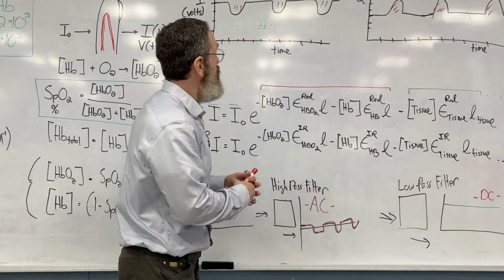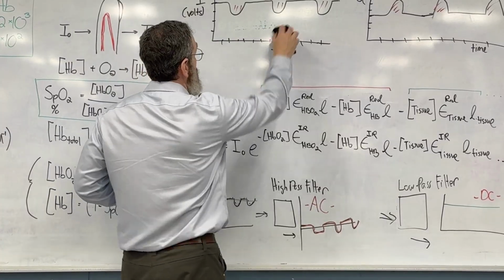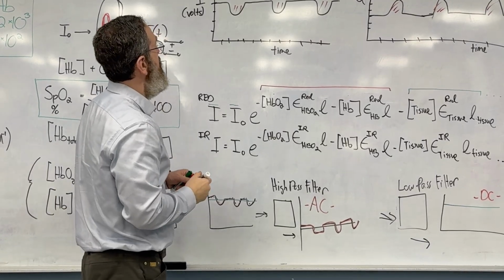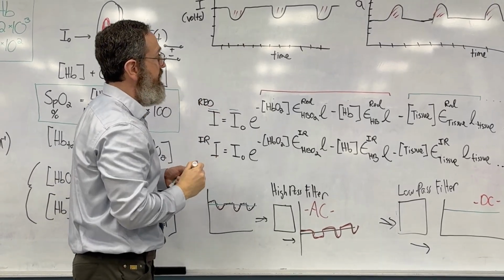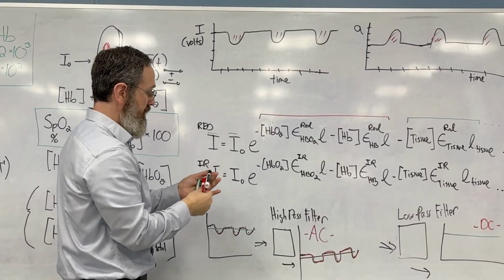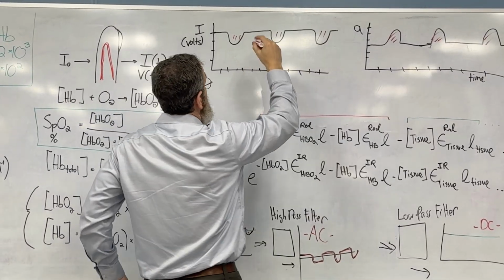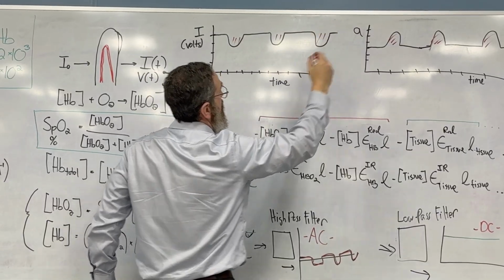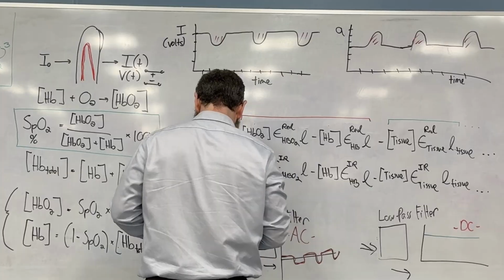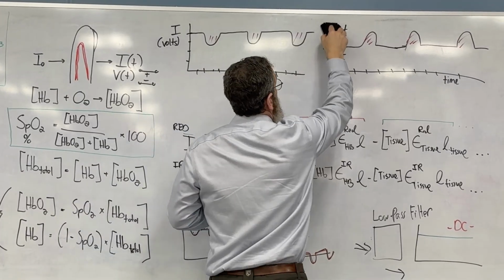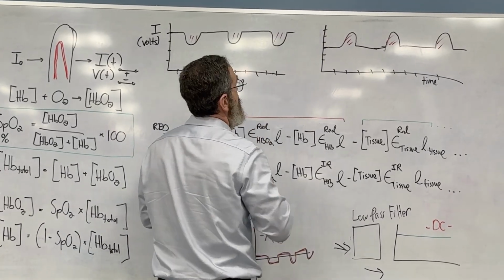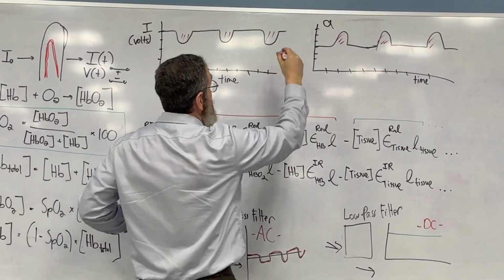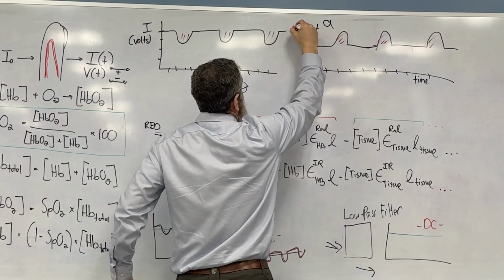Okay? And so now what I want to show you is that if we look back at this signal, I'm going to label on here the AC and the DC. I'll do it in red here. So the AC component is here.